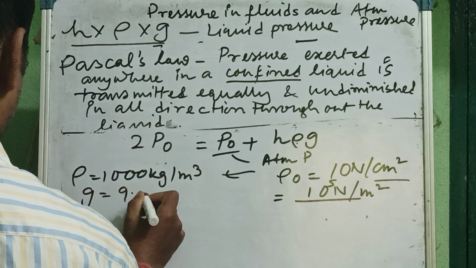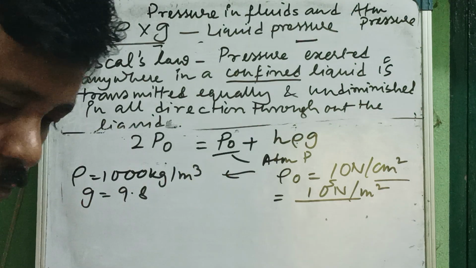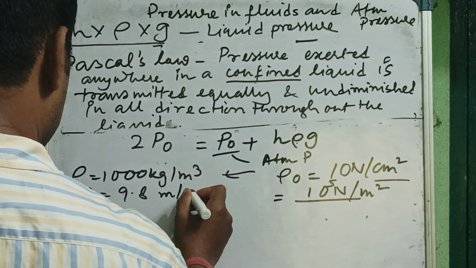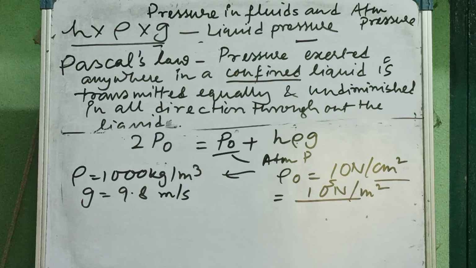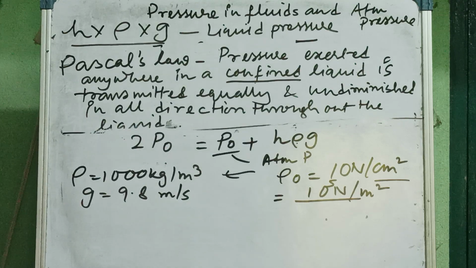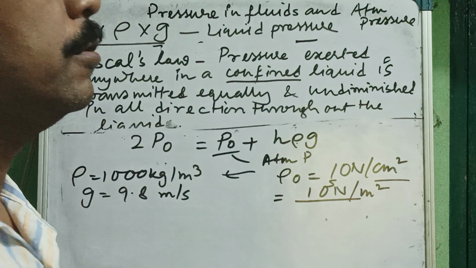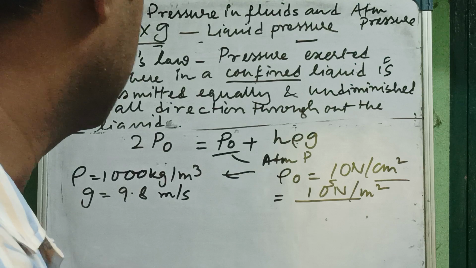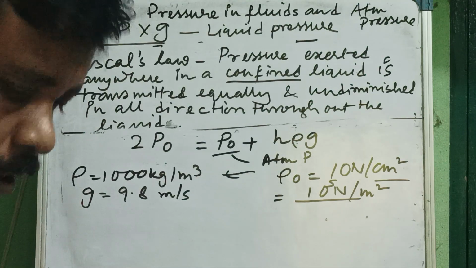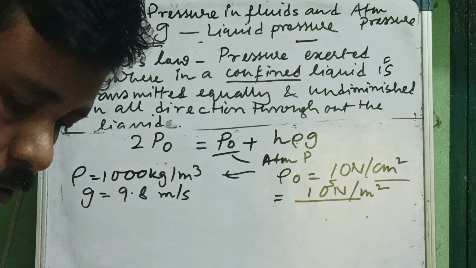Acceleration due to gravity is 9.8 meter per second squared, or if taken as a CGS unit, 981 centimeter per second squared. So 1000 kg per meter cube and 9.8 meter per second squared is there.